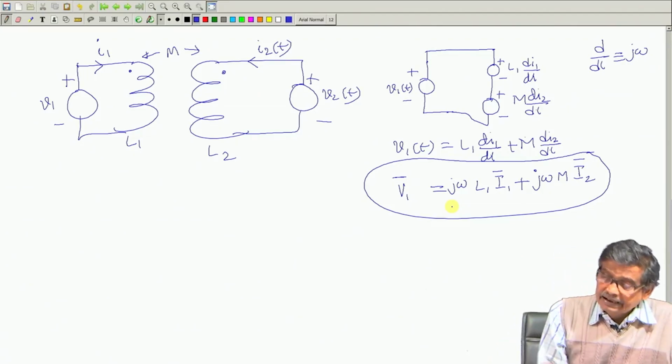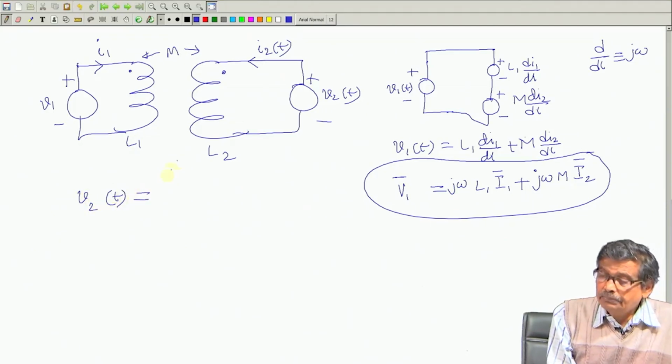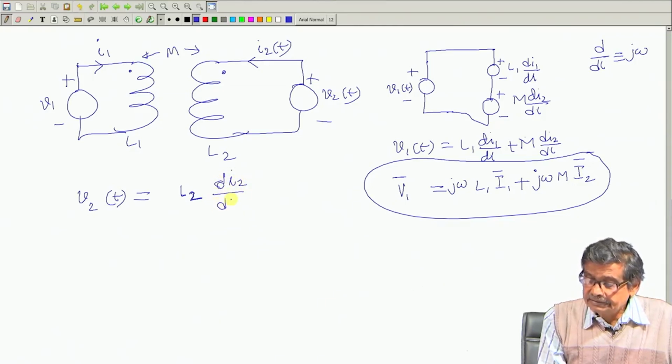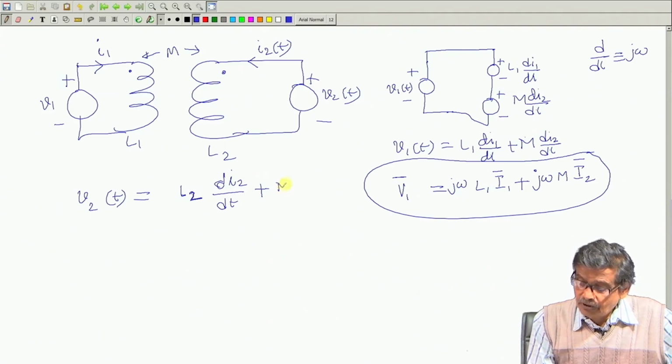Similarly, for the second side, V 2 t is equal to L 2 d I 2 dt plus m d I 1 dt.